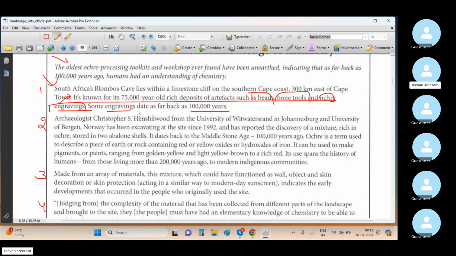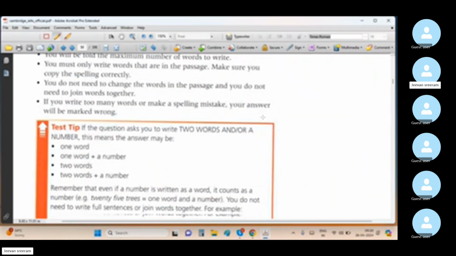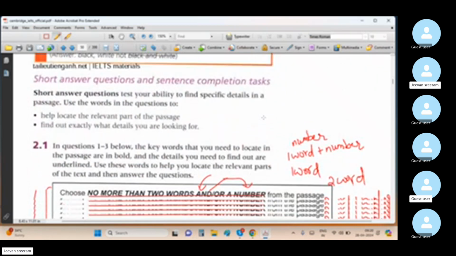So engravings can actually be the oldest. Beads, bone tools, and ochre engravings can be 75,000 years old, but some engravings can be 1 lakh years old. So out of all these, what could be the oldest? Engravings.